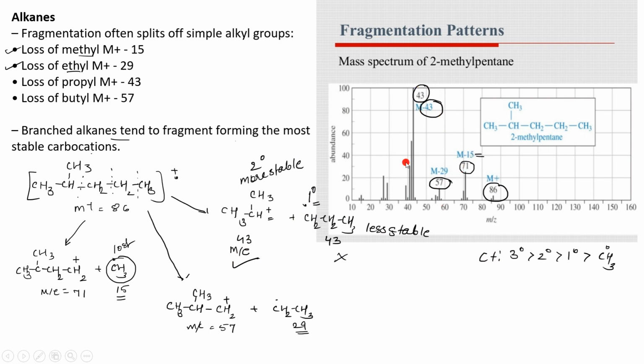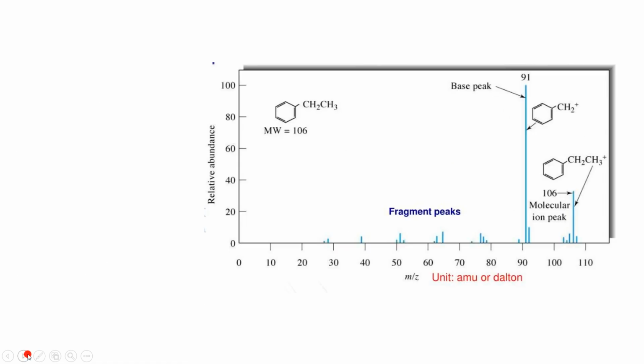So you have to calculate and find out from the mass what should be present, then combine all the data and conclude on a particular structure. Similarly, now you have ethyl benzene.